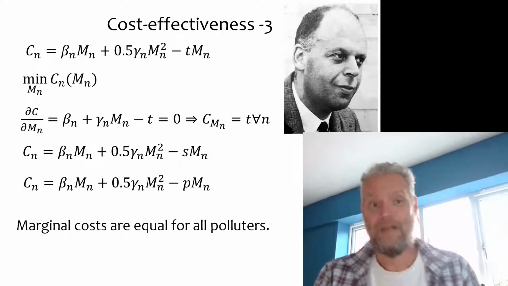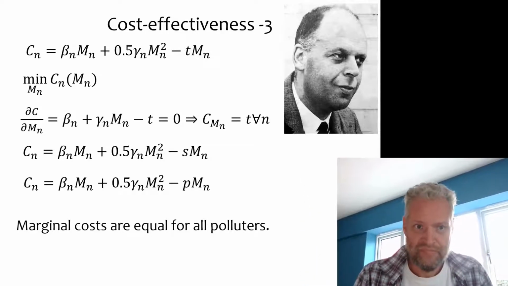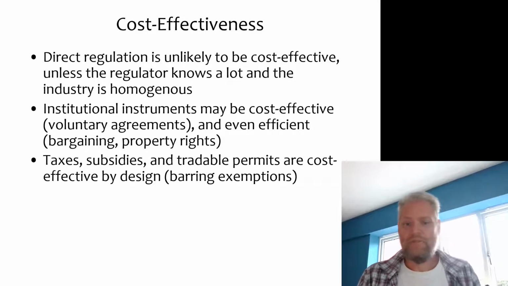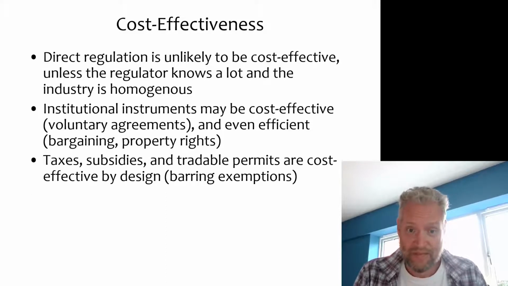They meet the environmental target at the lowest possible cost. So taxes, subsidies and tradable permits are cost effective by design, provided that everybody faces the same tax, the same subsidy, or the same permit price.